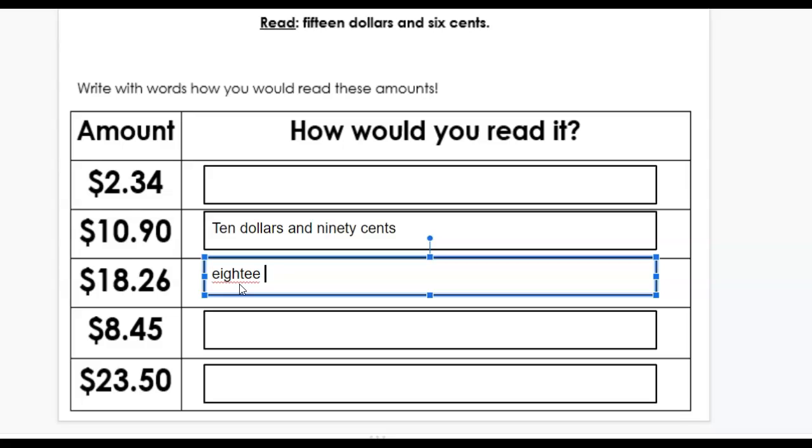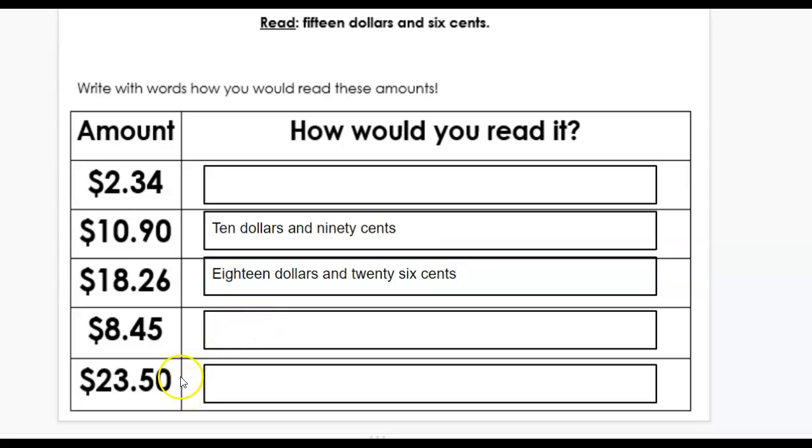I forgot the N. $18 and 26 cents. If you need to, pause the video so you can enter these amounts onto your Google Slides.